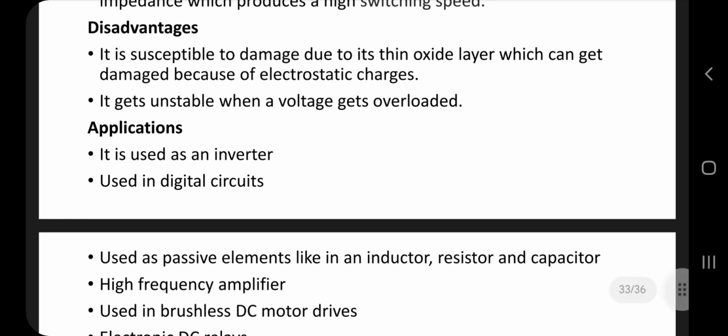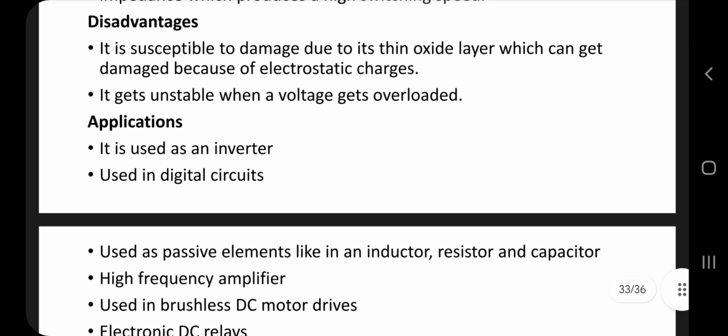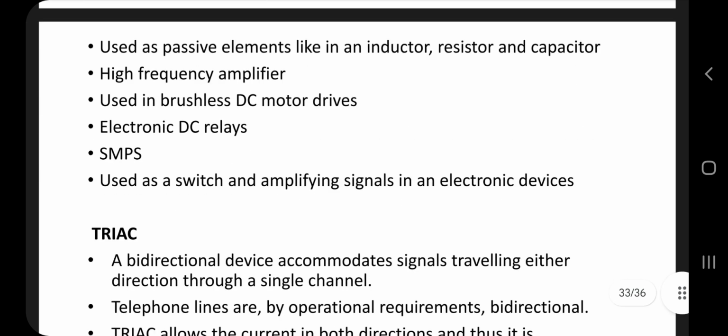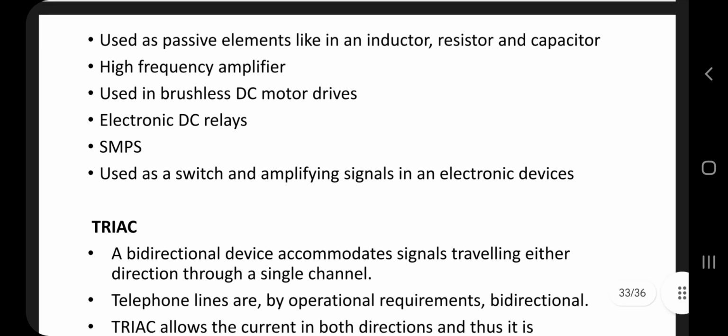Application. It is used as an inverter, used in digital circuits, used as passive elements like an inductor, resistor and capacitor. High frequency amplifier, used in brushless DC motor drives, electronic DC relays, SMPS, used as a switch in and amplifying signals in electronic devices.